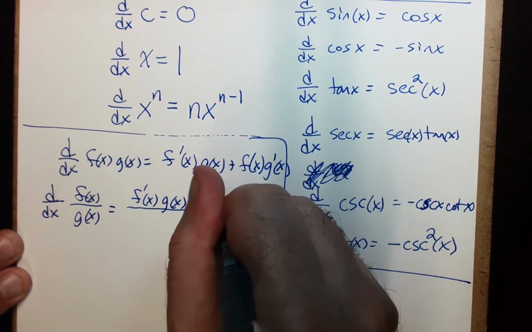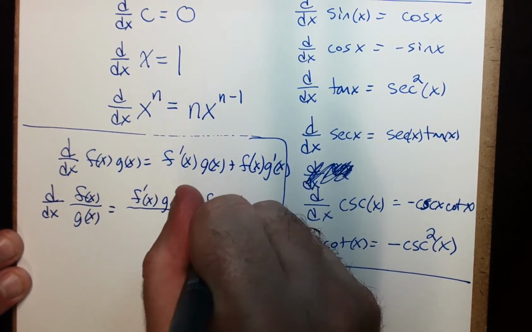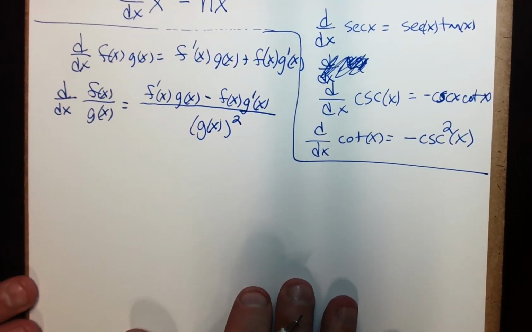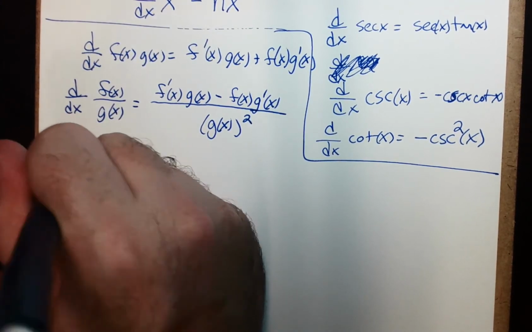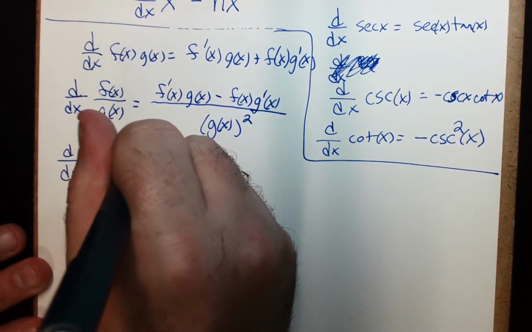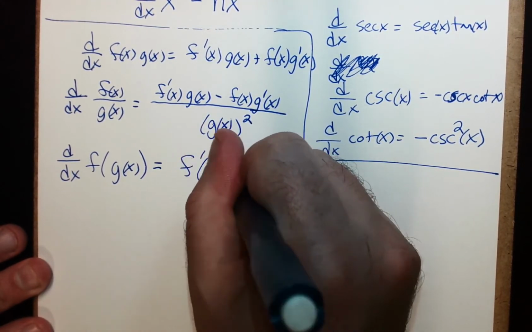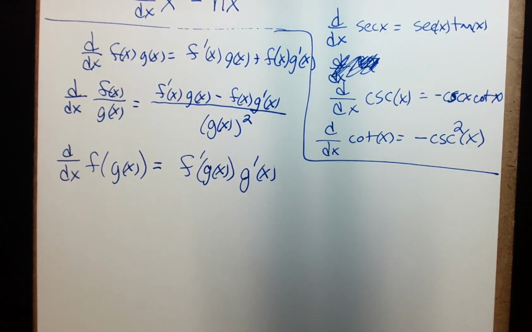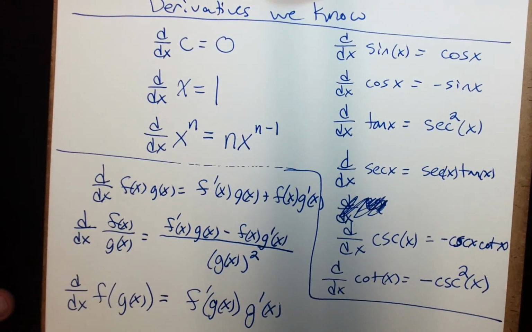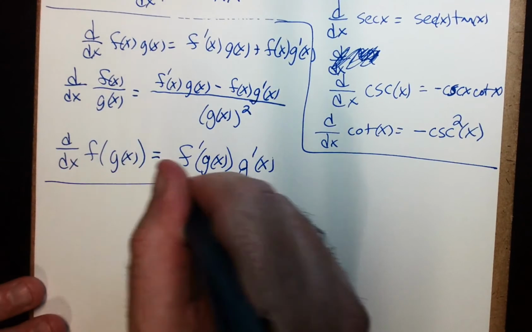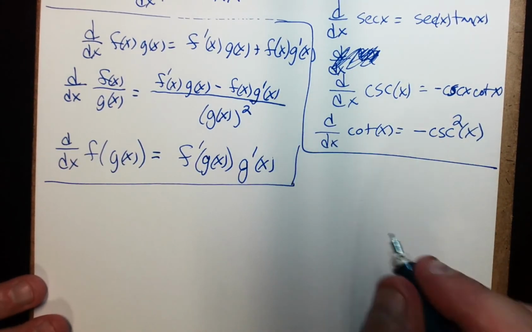That's the product rule. One way to write it. We need to know the quotient rule. I'm sure we'll be writing these down more. The derivative of a quotient is f prime g minus f g prime over g squared.